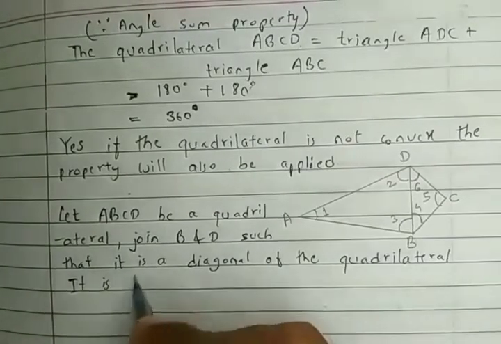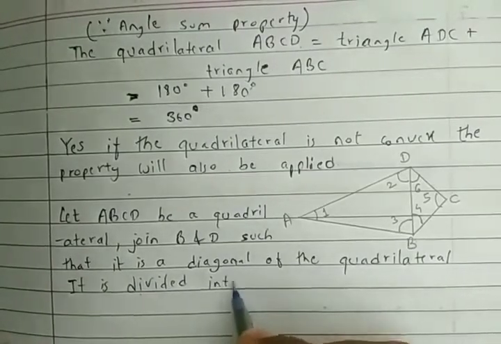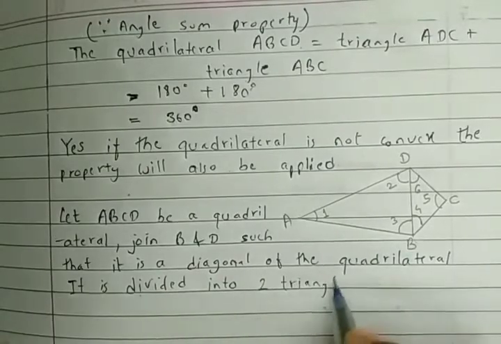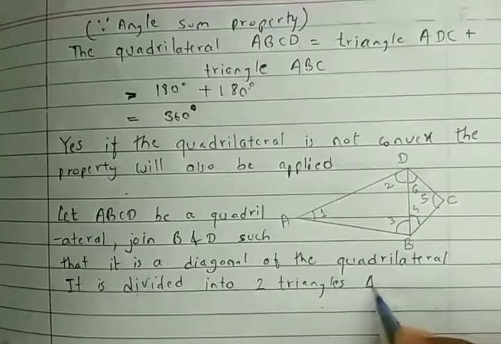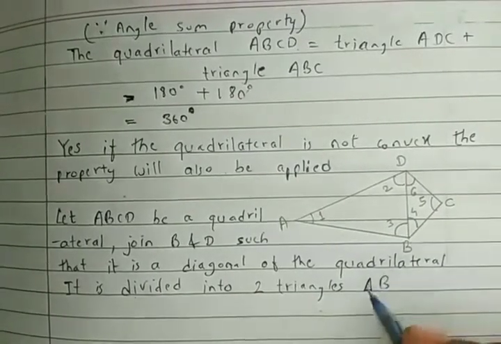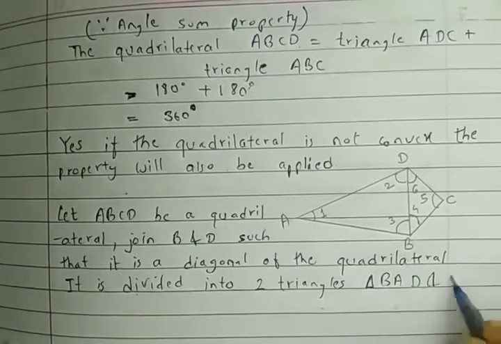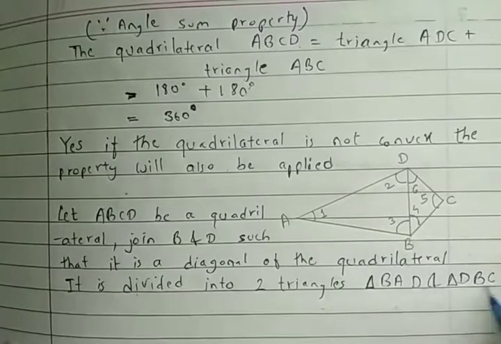It is divided into two triangles. Triangle, this is the short form. You can write this symbol, triangle BAD and triangle DBC.